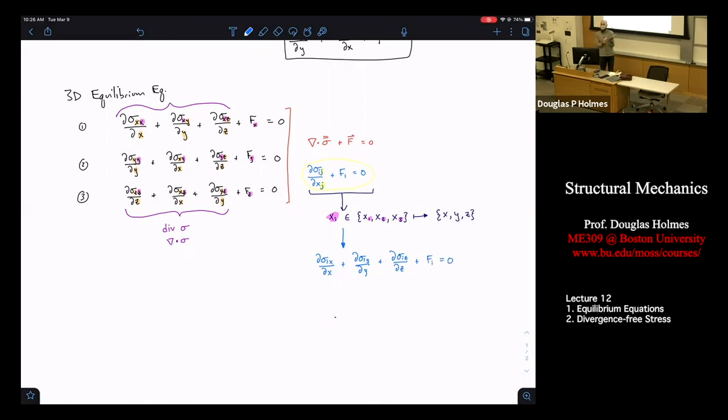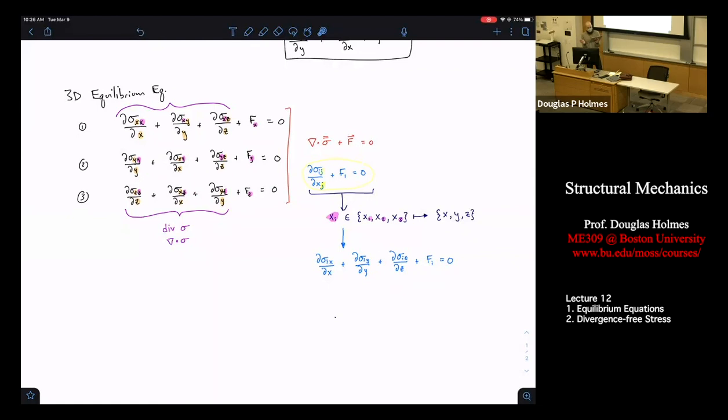So I'm going to get this equation 3 times: once when i is equal to x, once when i is equal to y, and once when i is equal to z. And look, this equation here is these 3 equations. If I put in i equals x, I get this one. If I put in i equals y, I get this one. If I put in i equals z, I get this one.